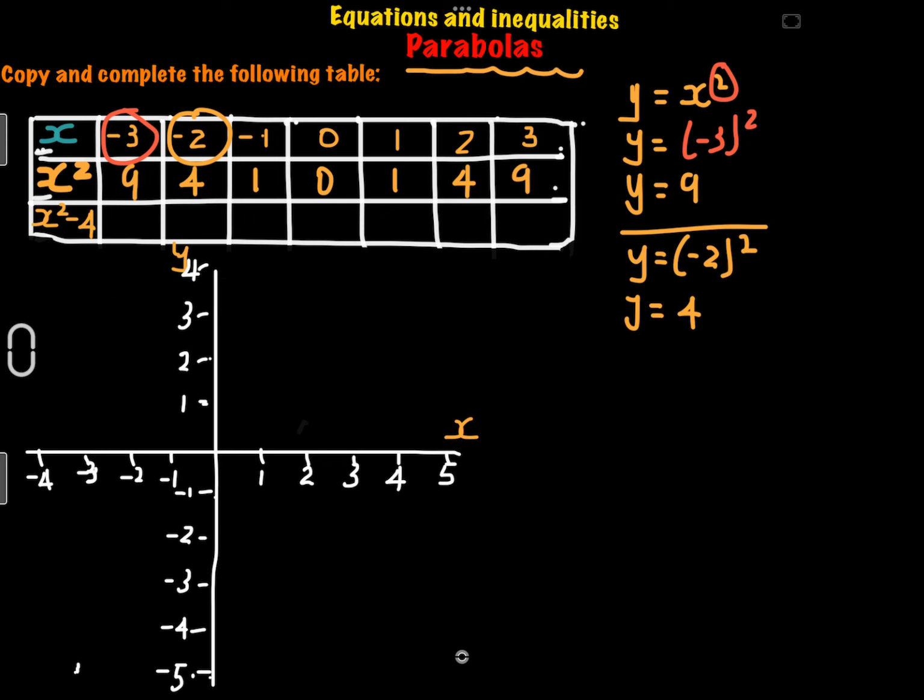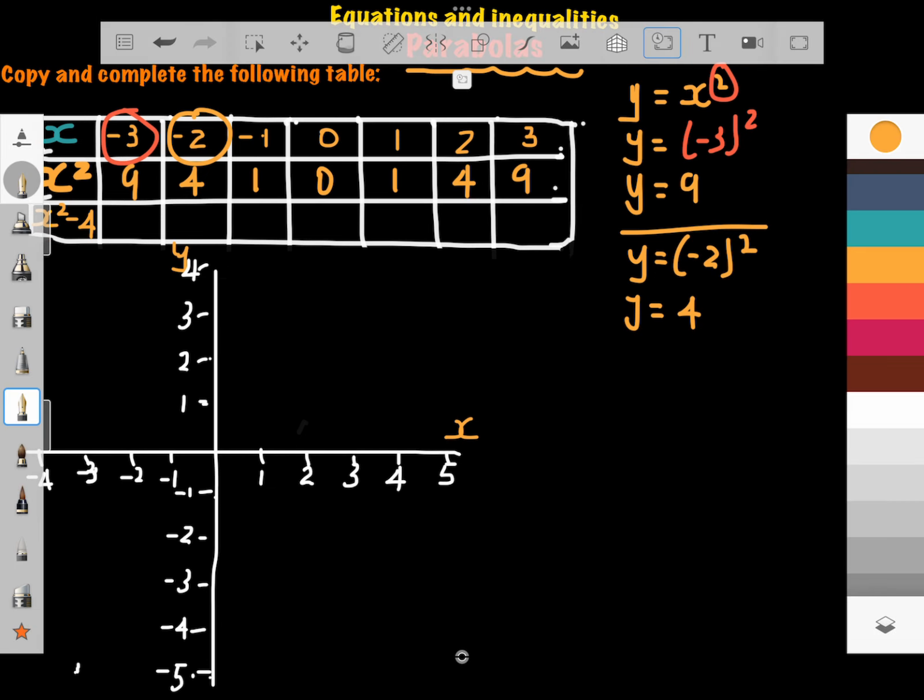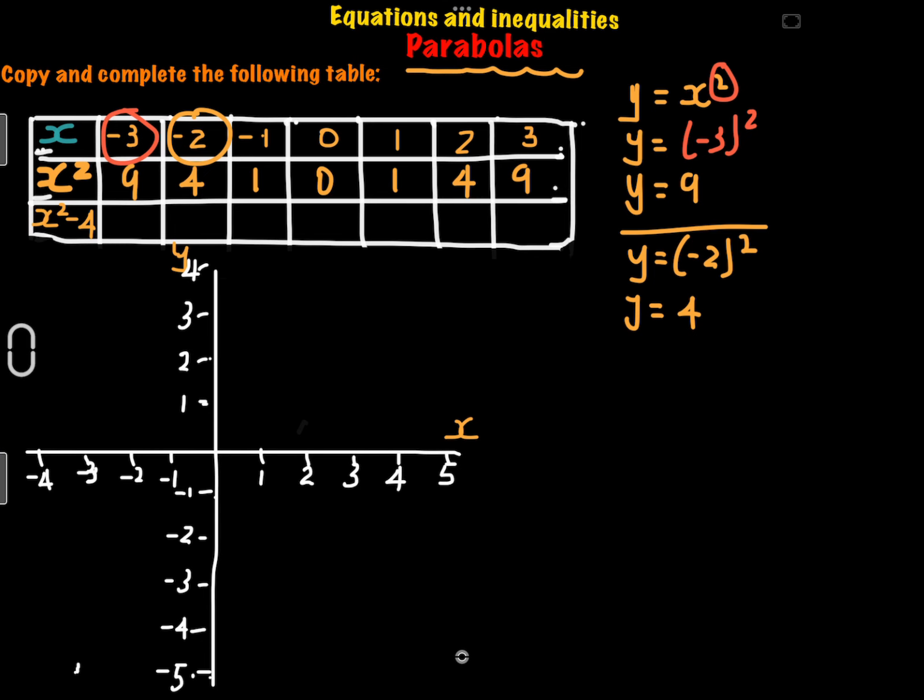Now, what does this mean? It means that it is a curve. So, to plot or represent that graph on our Cartesian plane, we use these coordinates on the Cartesian plane. So when x is equal to 3 or -3, y is equal to 9.